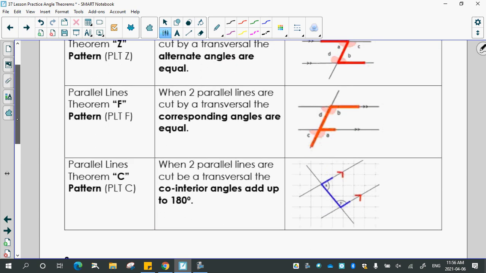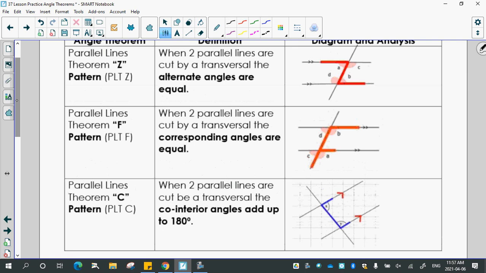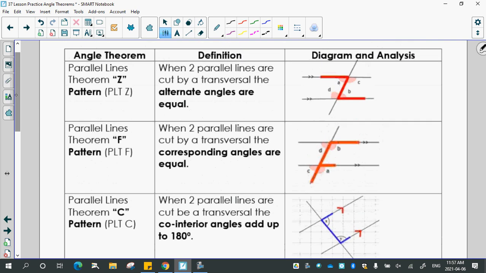There's just all the letter patterns explained. The Z pattern, they're called alternate angles, and here's the short form, PLTZ. Alternate angles are equal. Parallel lines F pattern, they're called corresponding angles. The C pattern, co-interior angles, they're not equal, they add up to 180.